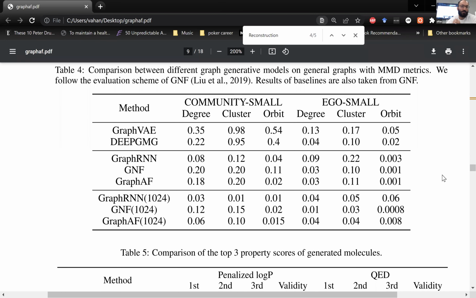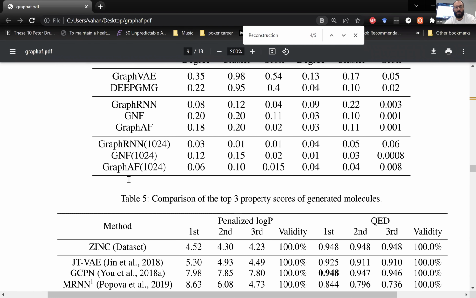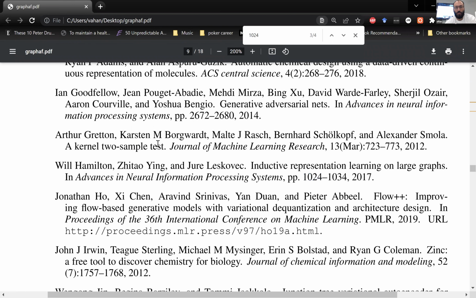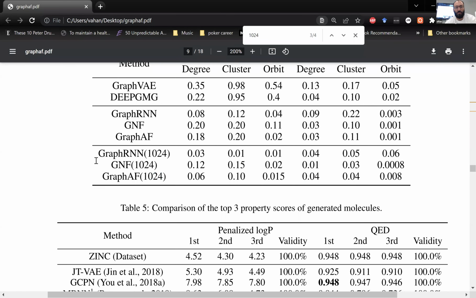And so for GraphRNN and GraphAF, the 1024, is that the size of the embeddings? They probably experimented with different embedding sizes. Yeah, we can check. It's fine, nothing about that, but yeah, different embedding sizes probably.